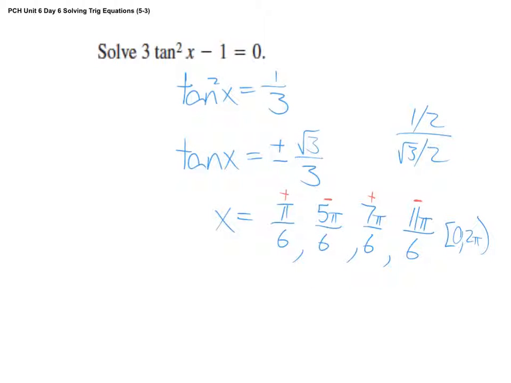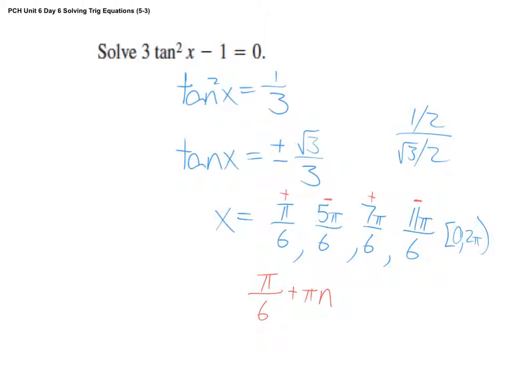Now notice here that the 2 positive ones are exactly pi units apart. Pi over 6 and 7 pi over 6. So if I were to do pi over 6, and instead of doing 2 pi n, I just did plus pi n.